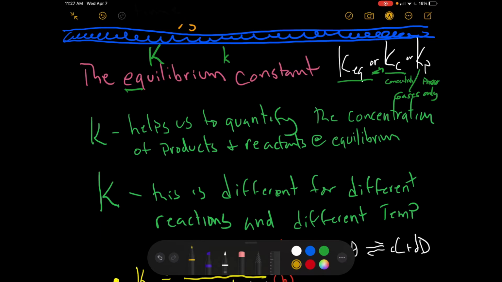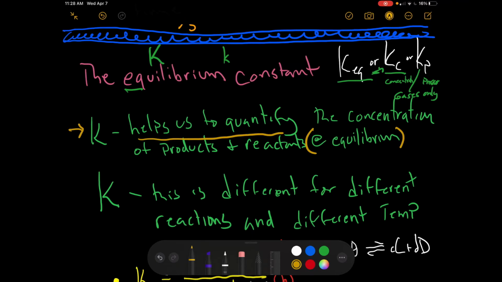So when we're looking at equilibrium constants, Keq, Kc, or Kp, we need to understand that this K concept really helps us to quantify the concentration of products and reactants at equilibrium. And we'll talk about why that's important later as we go through the reaction quotient.